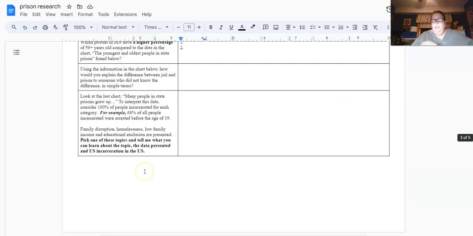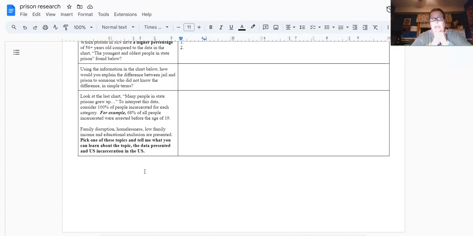And I'm going to go back to this last question. It says, family disruption, homelessness, low family income, and educational exclusions are presented. Pick one of these topics and tell me what you can learn about this topic, the data presented in that chart, and what it tells us about U.S. incarceration in the United States.